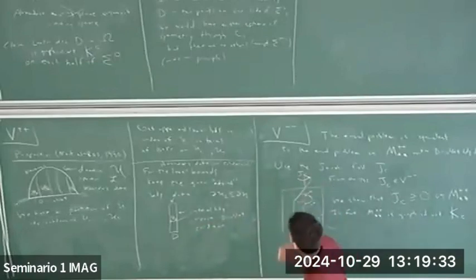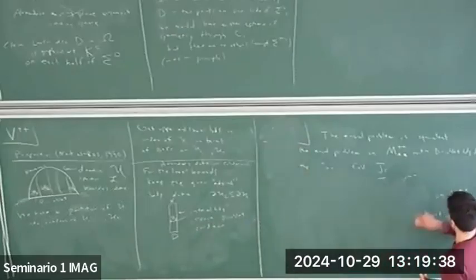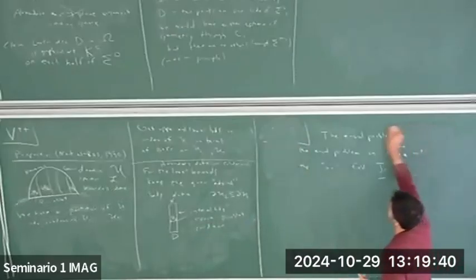Well, for the upper bounds, we're going to look at, instead, on the internal boundary, we put the Neumann condition.